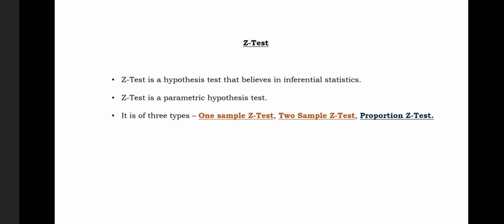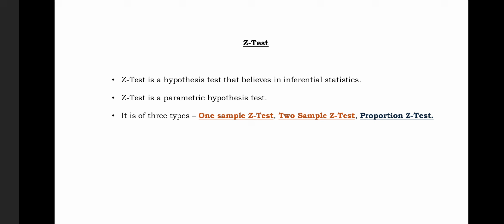Samples are the representatives of the population. Are the samples true representatives of the population? That is the answer given by inferential statistics. And it is the field in which we use all the tests of hypothesis. And one very common test is the Z test.